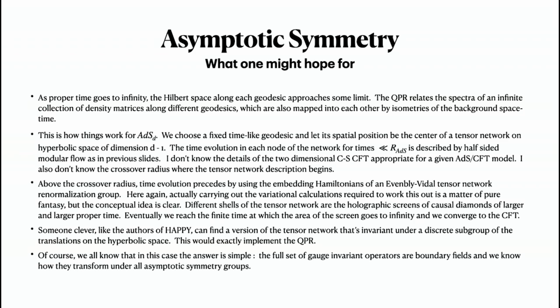And as I approach the ADS radius, these embedding maps should be thought of as something that many of you may not know about, but there's a very beautiful thing called the Tensor Network Renormalization Group that was invented by Evenbly and Vidal and actually carried out for simple conformal field theories in 1+1 dimensions, which is exactly implementing the renormalization group by embedding maps of nodes of a tensor network into nearby nodes in the bigger shells of the same tensor network.